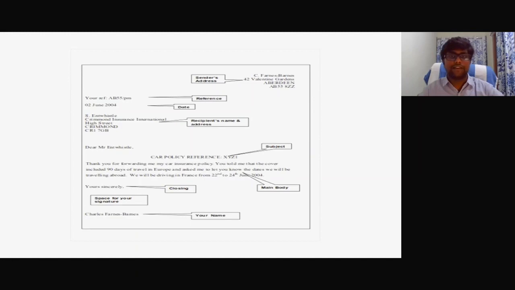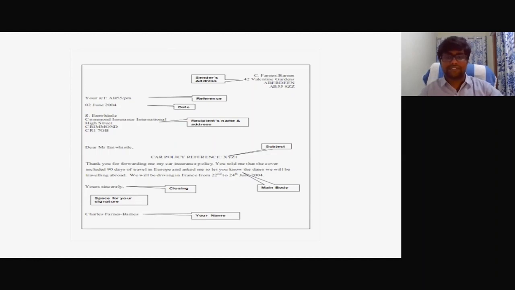This address is the most important thing, as we want this business letter to be addressed and sent to that particular recipient. And then next comes the subject, where we will be discussing the key points and sharing the information and the purpose of this letter.